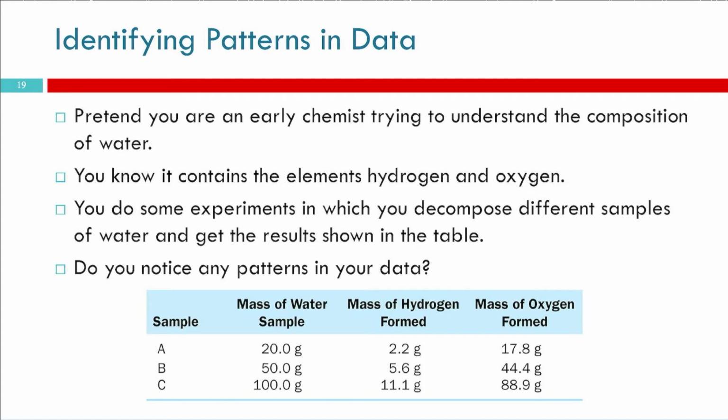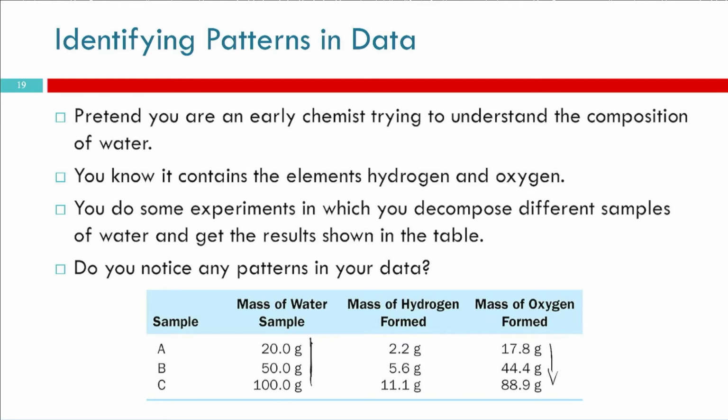So you got sample A, where you had 20 grams of water, 50 grams of water, and then 100 grams of water. A pattern I would pick out here is we're increasing the amount of water every time. And then as we increase that amount of water, the mass of oxygen actually increases.